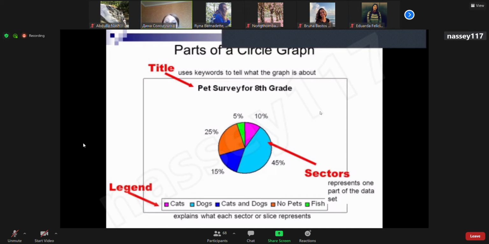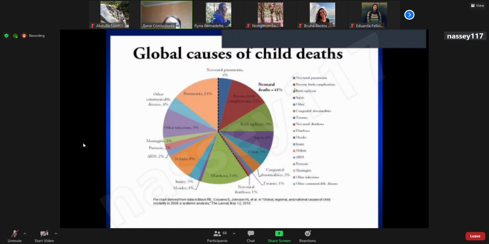For example, global causes of child death: we have many categories of causes, colored differently. We can see that 41% of deaths are neonatal, and neonatal deaths contribute a lot to the global children's deaths.